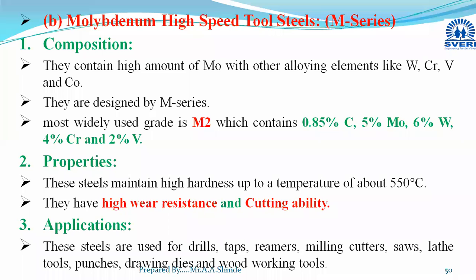Other types of high speed tool steels, molybdenum type or tungsten type, provide hardness of 65 to 66, but these super high speed steels will provide a hardness value of 70 to 72, as they contain 5% vanadium.